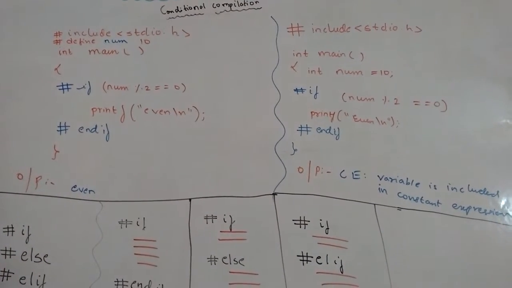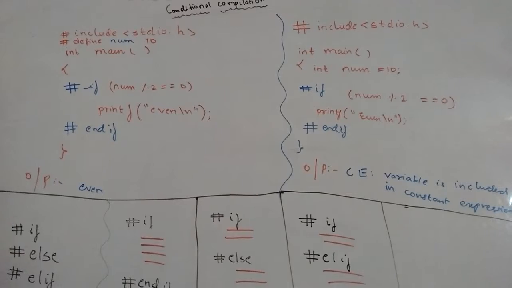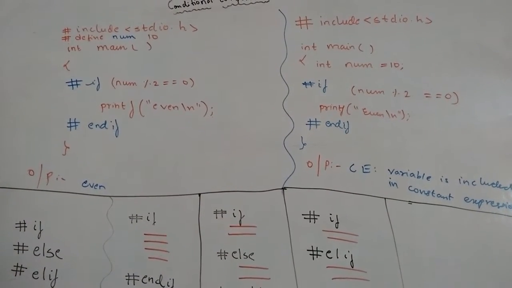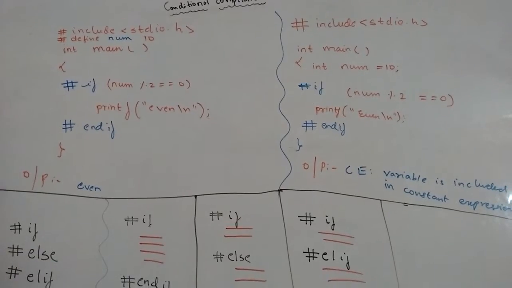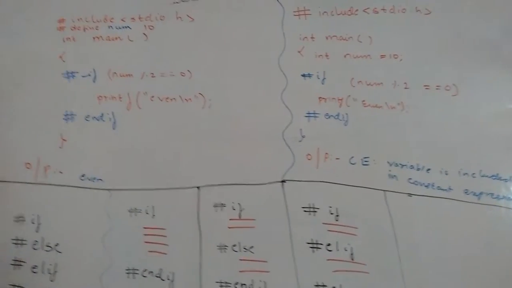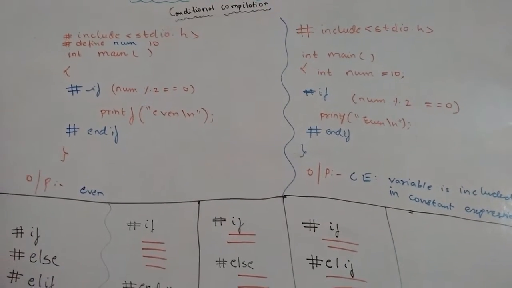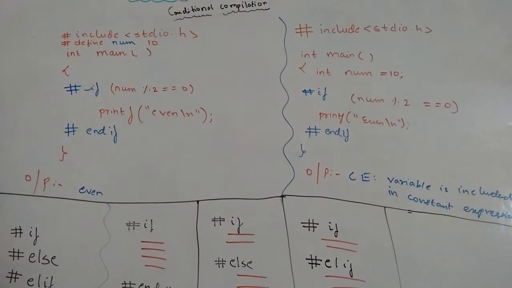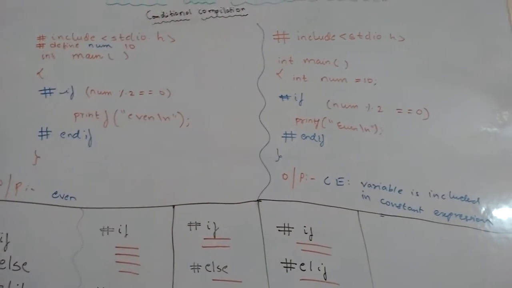And then I am closing the if construct by saying hash endif. So the output we would get is even, because 10 mod 2 gives 0. We know mod means it gives the remainder. So 10 mod 2 remainder is 0. So the if statement would get executed and even would be the output.